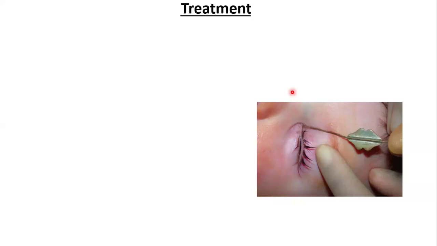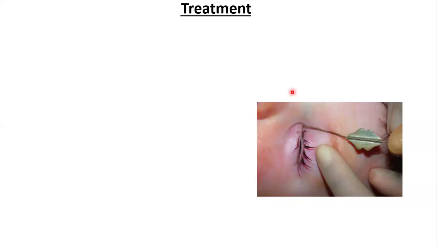You can also instruct the parents that if the child has any swelling in the medial canthal area or redness in the eye, any signs of infection, he should come back so you can treat the child. If he has only conjunctivitis, you can give topical antibiotics like erythromycin or tobramycin. If the child has a more severe infection like dacryocystitis, then the child might need systemic antibiotics.